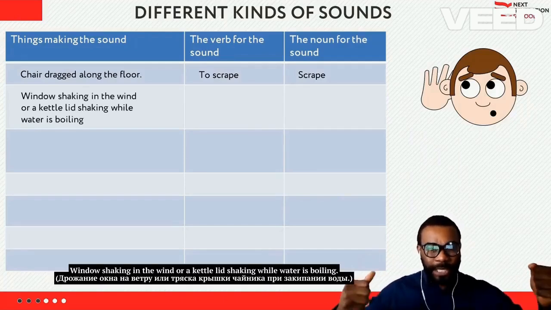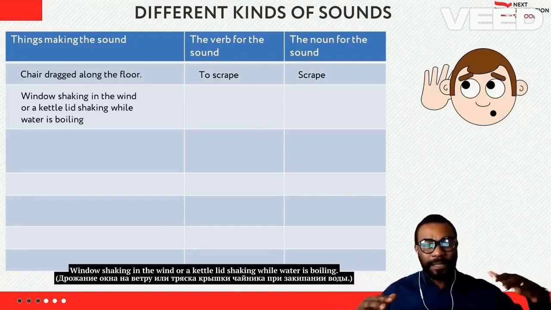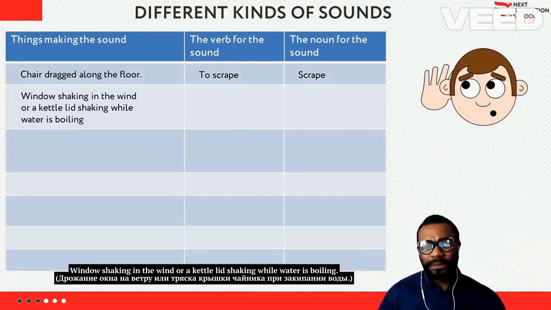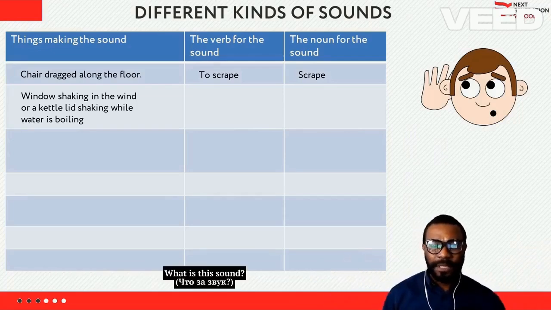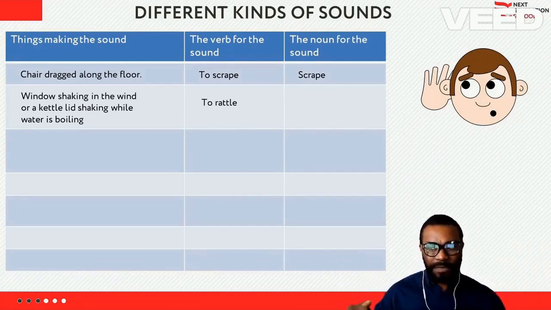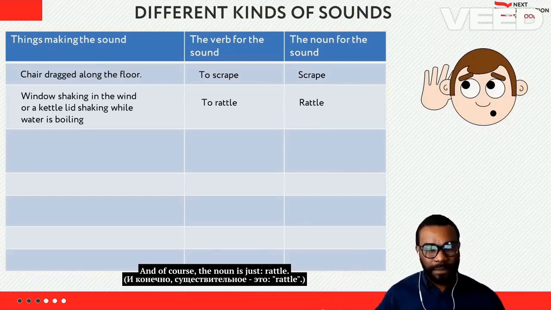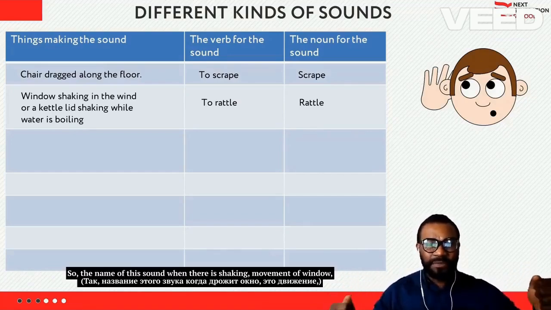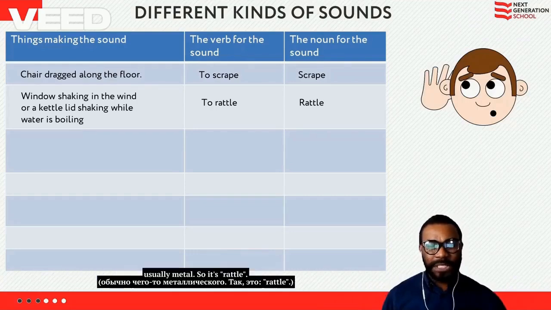window shaking in the wind, or a kettle lid shaking while water is boiling. What is this sound? The verb is to rattle. And of course the noun is just rattle. So the name of this sound, when there's shaking movement of window, usually metal, so it's rattle.